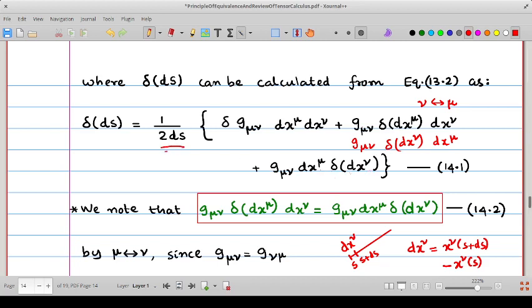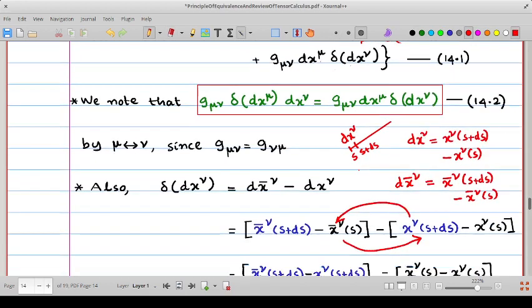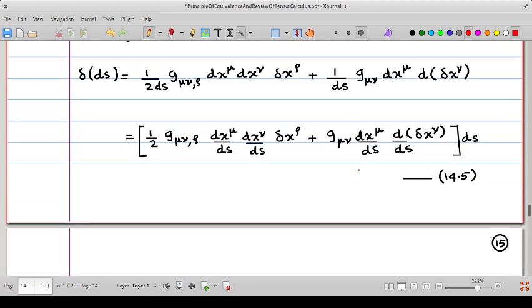But then there is a factor of 1 by 2 delta s outside the brackets, and together it becomes 1 by ds g mu nu dx mu, and this quantity can be written as d delta x nu, and that is what we have over here.